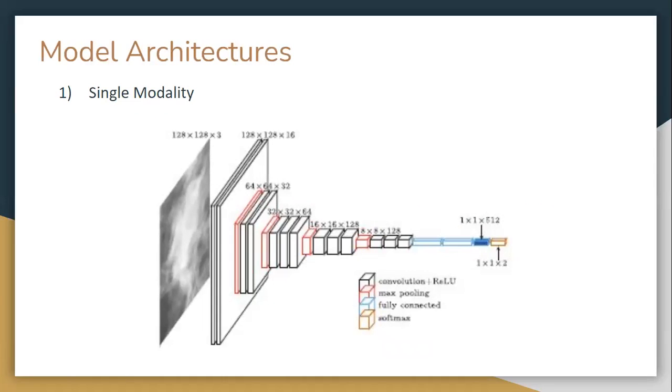This input will go through this convolutional neural network, and in the end, it will give us the probability of this lesion being benign or malignant.